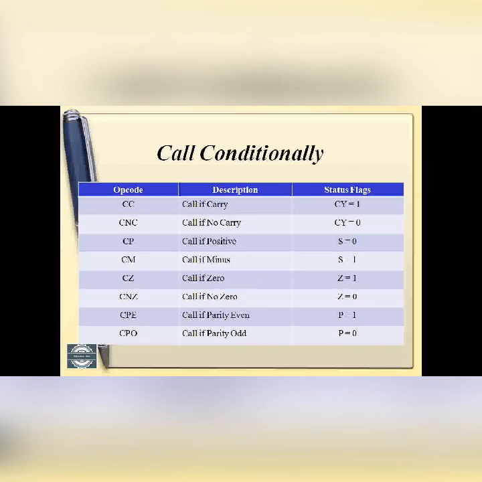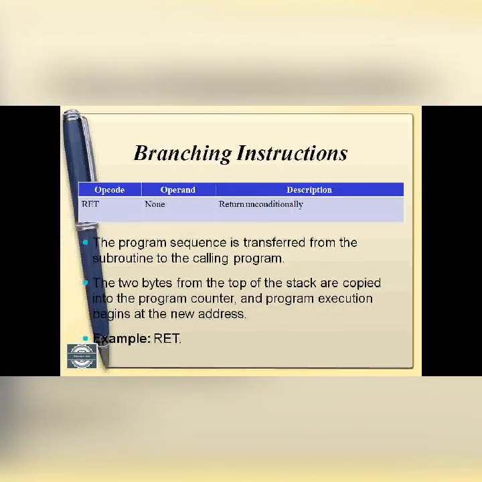CNC, call if no carry, then CY is 0. CP, call if positive, so S will be 0. If minus, then S equal to 1. Similarly, call if zero, Z equal to 1. Call if no zero, Z equal to 0.